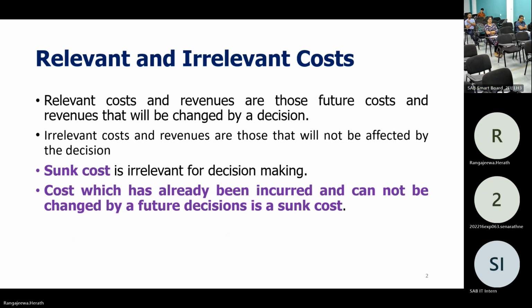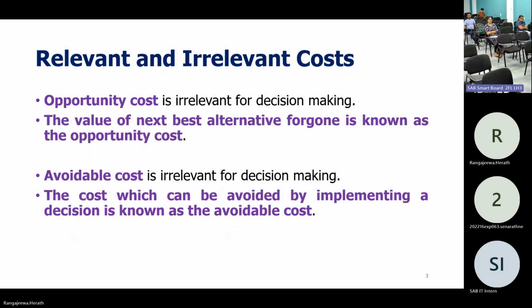So the relevant cost is, the sunk cost is irrelevant. But if you sell this at 150 to this particular customer, we have to give up the market price that we could have obtained by selling this to some other company. So that is called opportunity cost. The opportunity cost is a relevant cost.